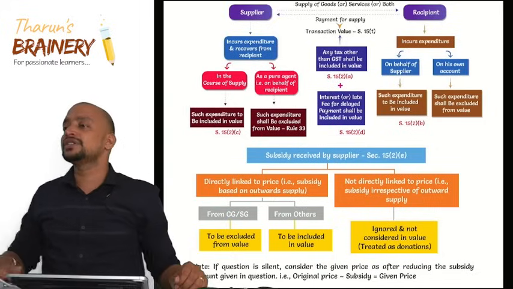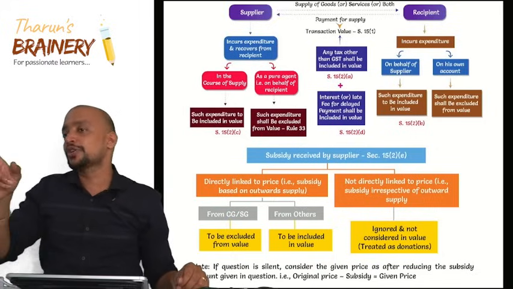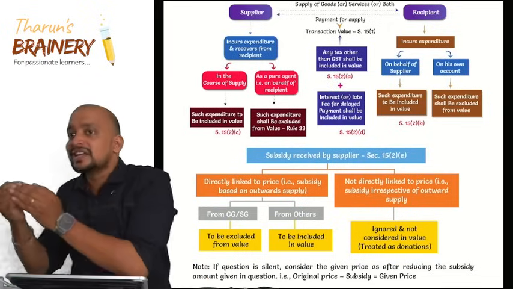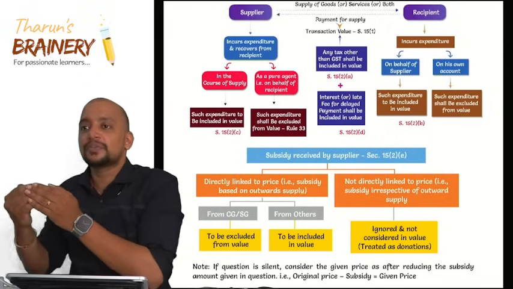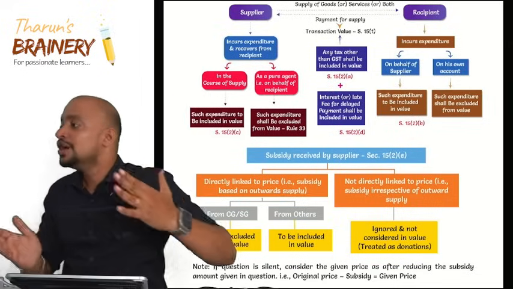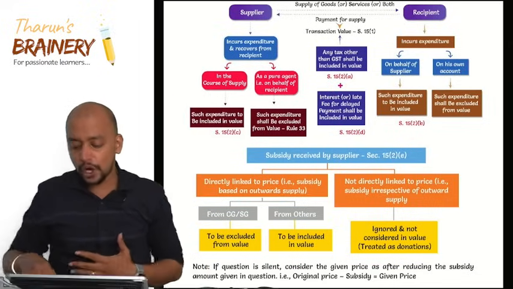What if in that invoice there are 2 rates? So product A, product B, 12%, 18%. Now what we need to do? Bifurcate the interest on account of delay in receipt of consideration between product A and product B in its invoice value ratio, so that you will know as to how much should be taken.